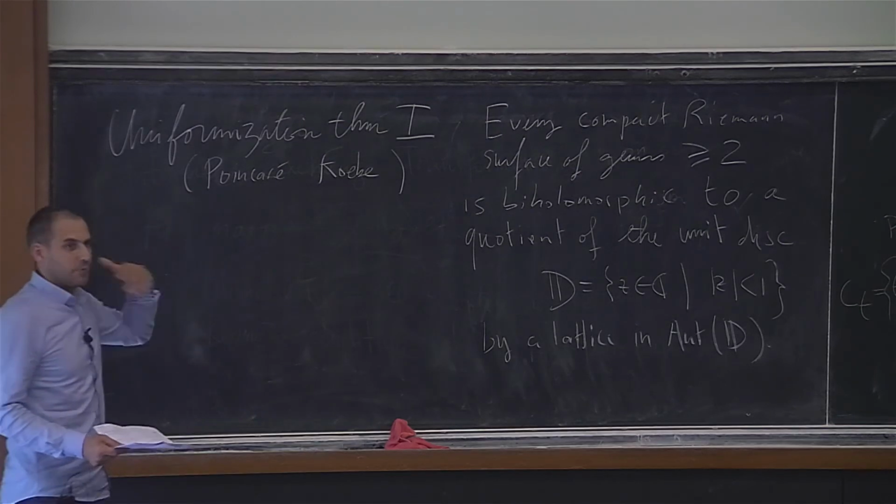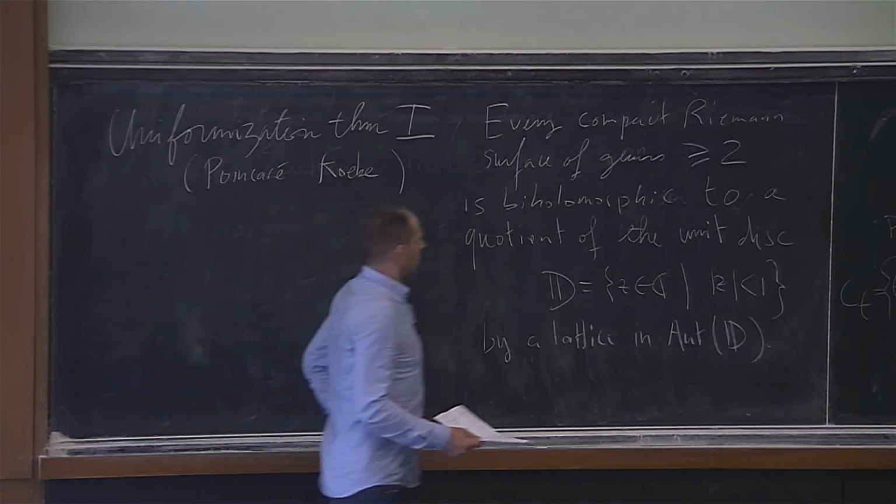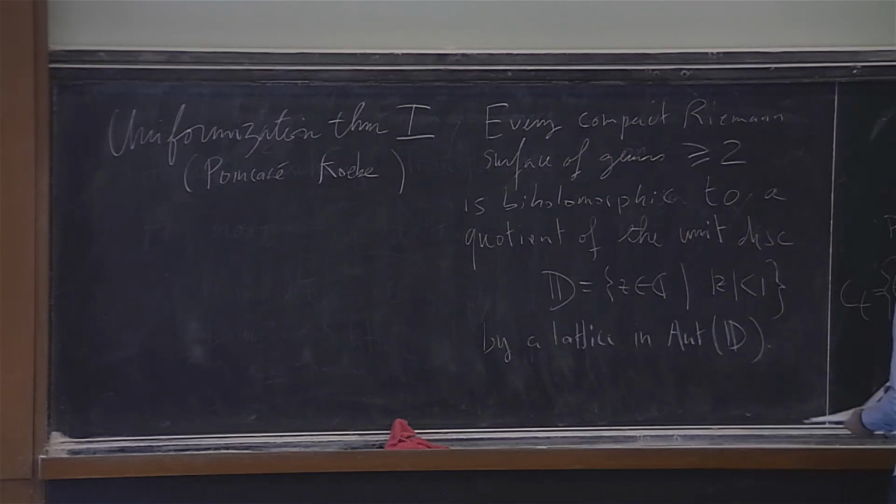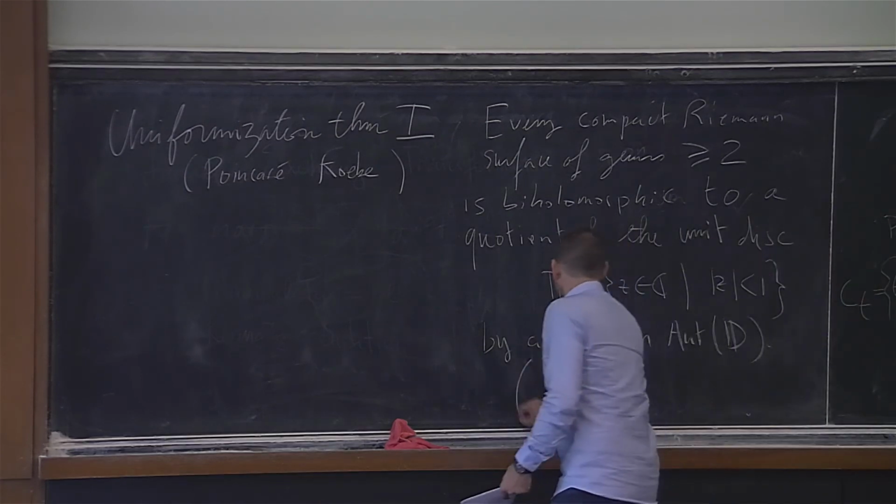So automorphisms means biholomorphism here. And since it is compact, this lattice is going to be uniform, and such a lattice is called in general the Fuchsian group.